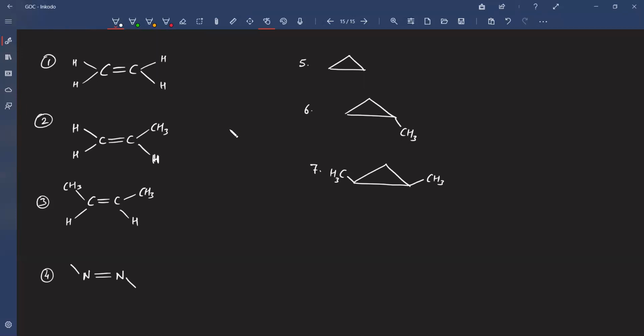I need to tell whether there is a geometrical isomer. Yes. Okay. First one, it's not possible. Okay, correct.